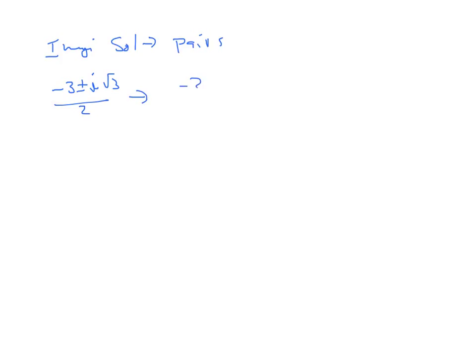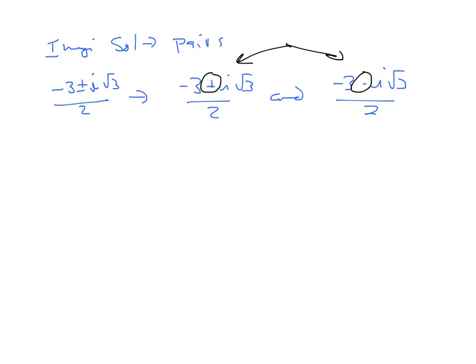If we split it up, it is the exact same numerical values except for these signs, and these are called conjugates. Imaginary solutions will always come in pairs of conjugates. We'll have a plus and a minus, and those always happen when we have an imaginary solution.